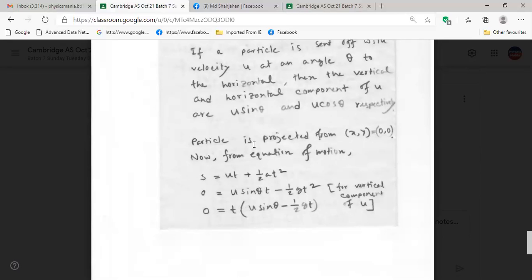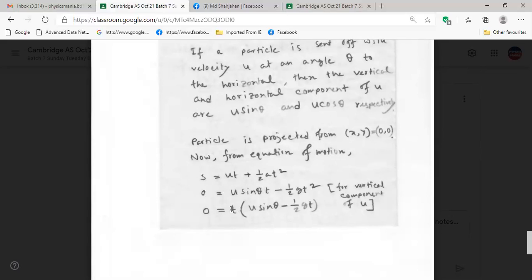When we are throwing it upwards, our vertical displacement is 0, right? Vertical displacement is 0. So here we got 0 equals u sin theta t minus half gt square.